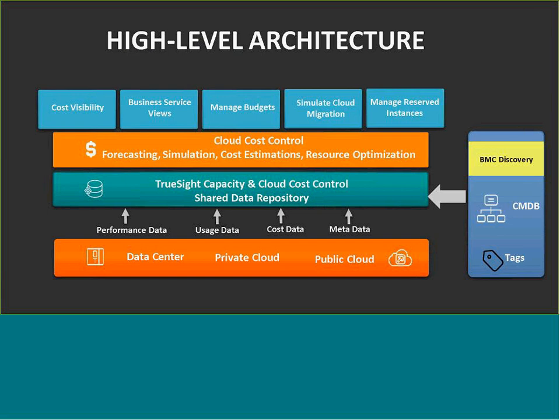Cloud Cost Control provides resource and cost data for on-premises and public cloud infrastructure. All resource data and cost data is collected and retained in a data repository that is shared by TrueSight Capacity Optimization and Cloud Cost Control.